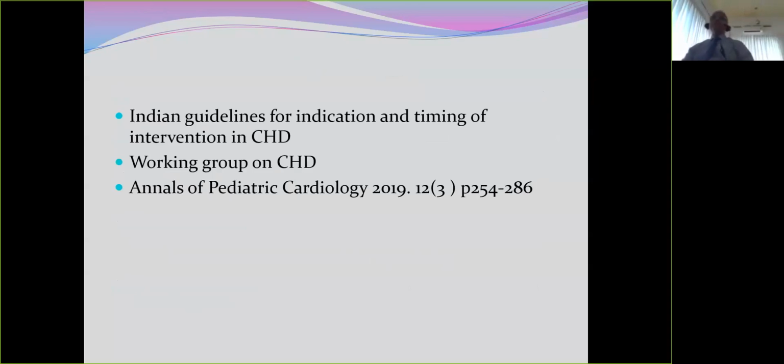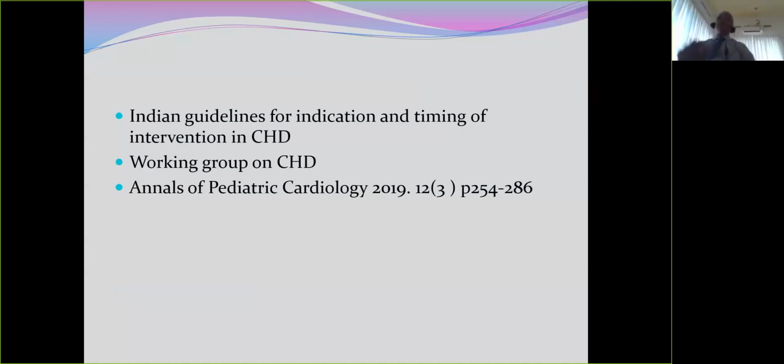It is published by the Working Group on Congenital Heart Disease in Annals of Pediatric Cardiology. It will also very shortly appear in Indian Pediatrics. This is the reference for Annals of Pediatric Cardiology. Access is free, so you can get this online. It's very important that you be familiar with such a document as your reference document on timing of intervention.